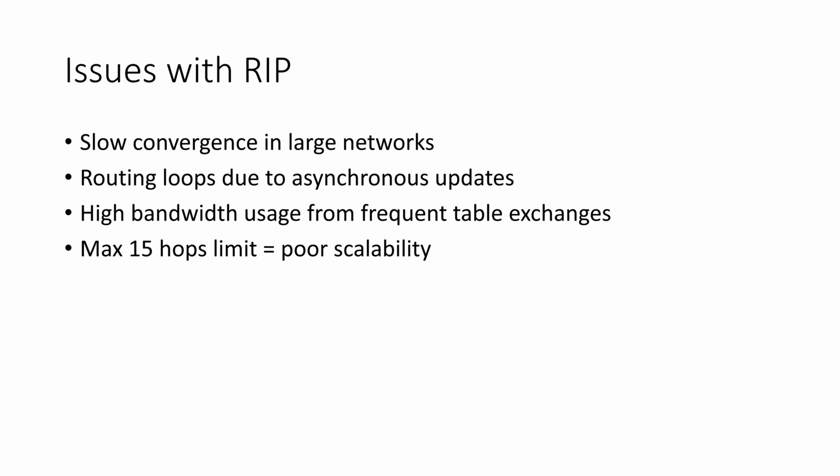Also, RIP uses a lot of bandwidth by regularly exchanging entire routing tables even when there's no change. Lastly, and most critically, it has a built-in limit of 15 hops. Any destination beyond that is considered unreachable, which makes RIP unsuitable for large enterprise or internet service provider level networks. And these limitations are why newer and more sophisticated protocols like OSPF and BGP exist.